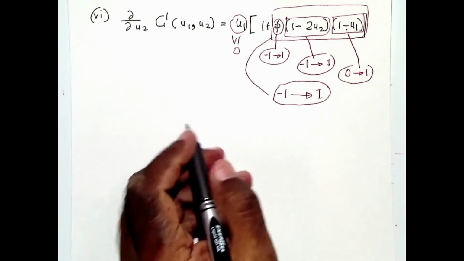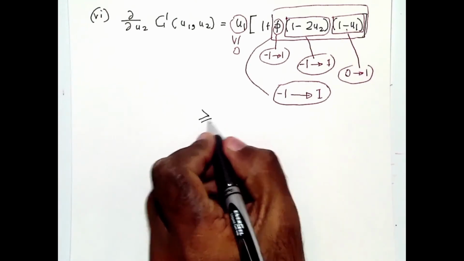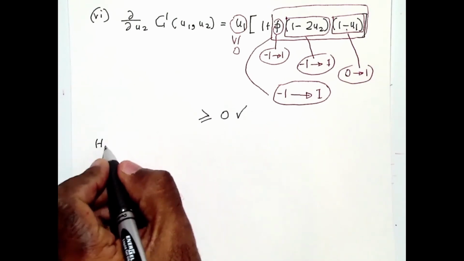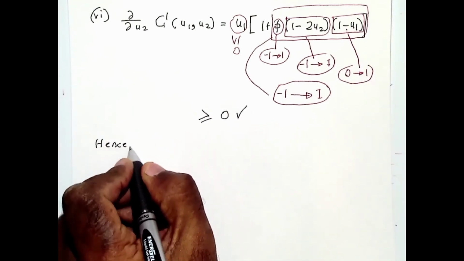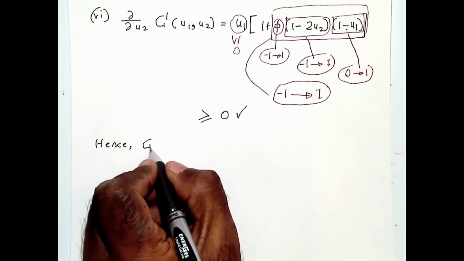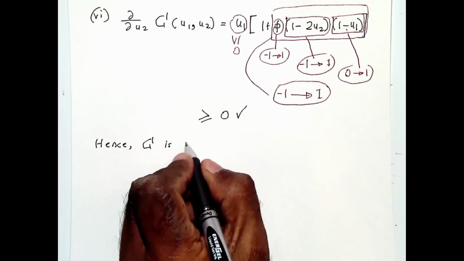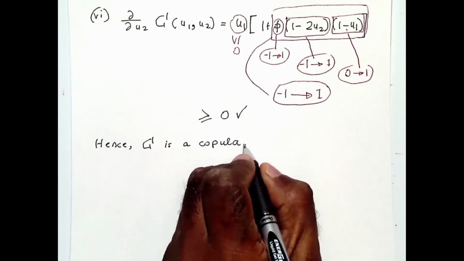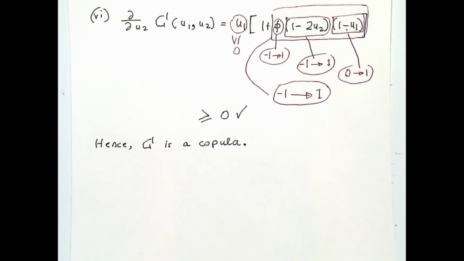All right, so hence we have shown that this is non-negative. So hence all 6 conditions are satisfied, and C is a copula. All right. Okay, so that completes question 4.